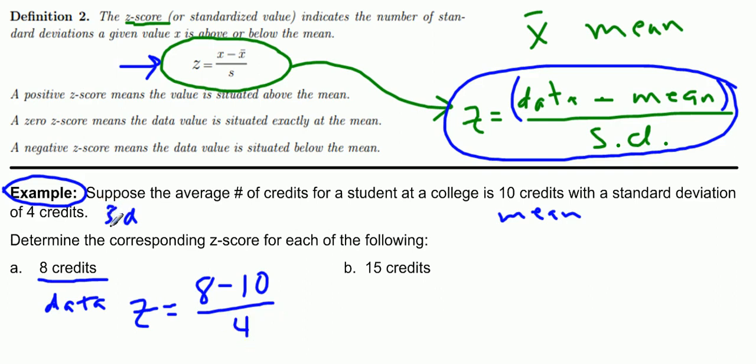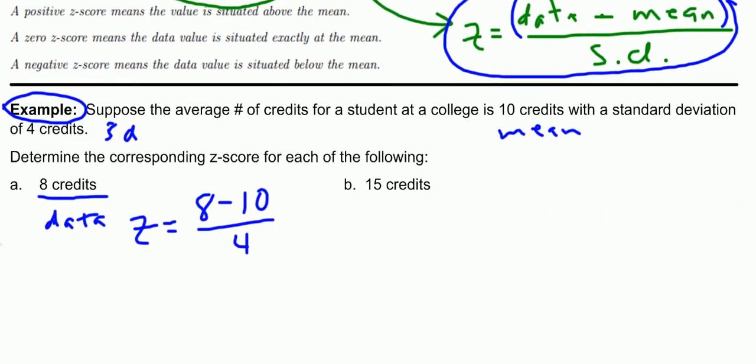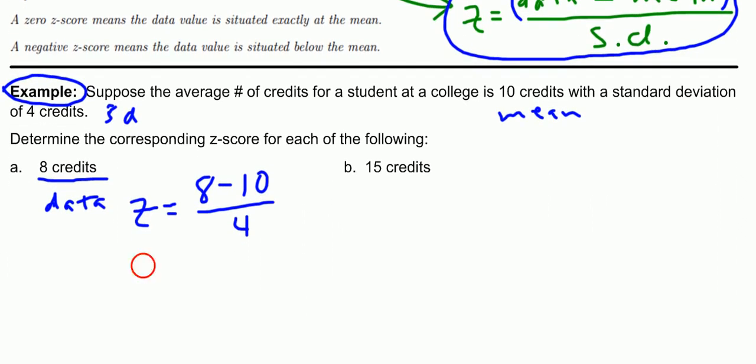So we just get our calculator out and do this calculation. Now if you want to do it in your calculator, then you really need to think about putting parentheses in one step. Otherwise, you do 8 minus 10, which is negative 2, and then divide by 4, and that turns into negative 0.5.